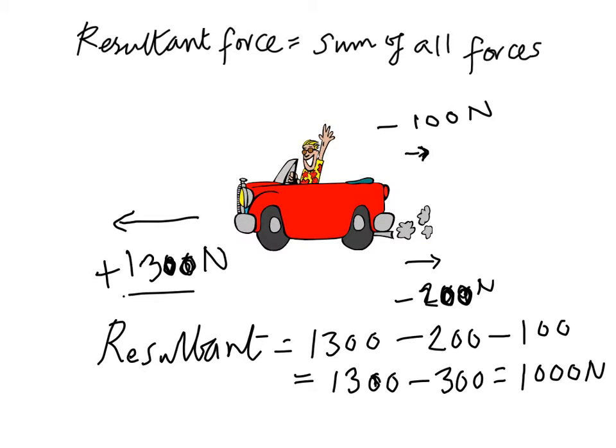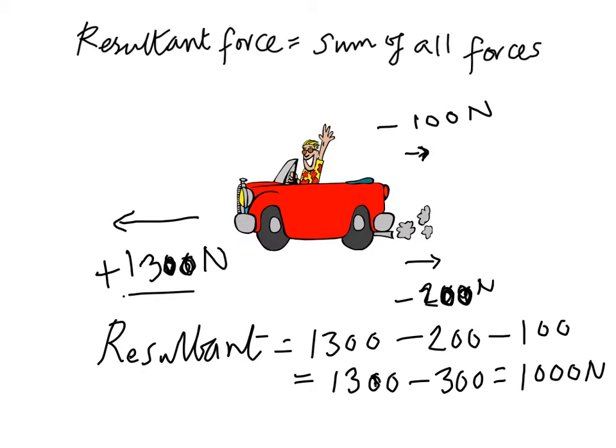Now you may wonder, have I included all the forces? Of course, I have not included the weight and the reaction force, because as we know, they're going to be equal, so they're going to cancel each other. The sum of these two forces in that direction is 0. So the only forces to consider are what's forward and what's backward.